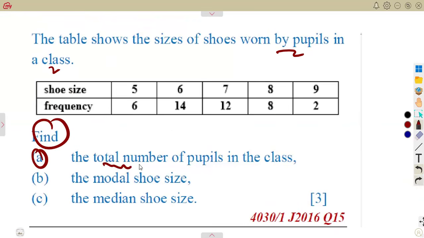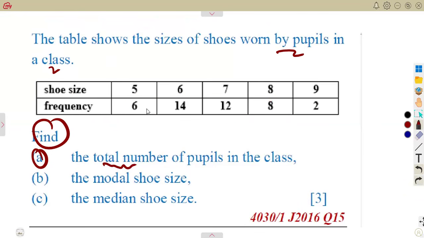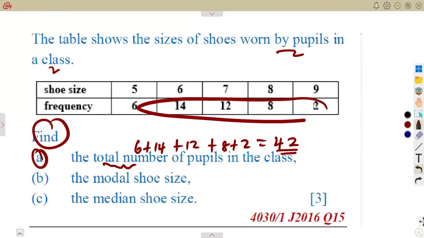The total number is the total frequency, by adding these frequencies that you're given. So you add 6 plus 14 plus 12 plus 8 plus 2. That was going to give you a total of 42, the sum of the frequencies.